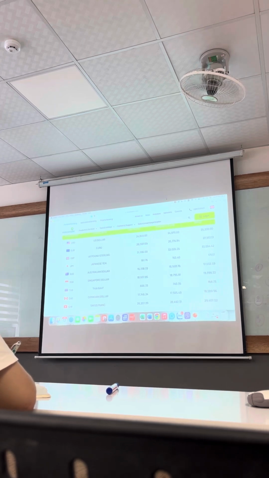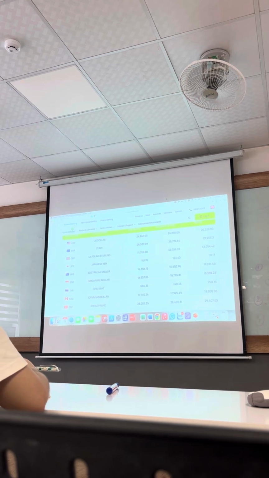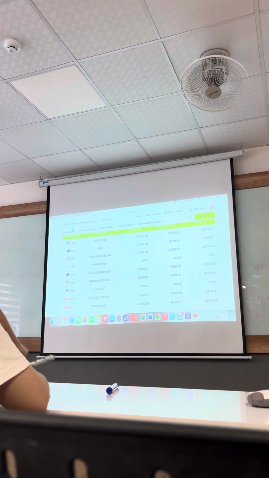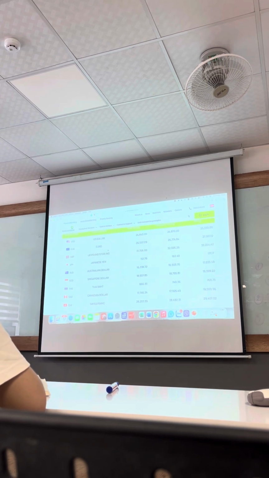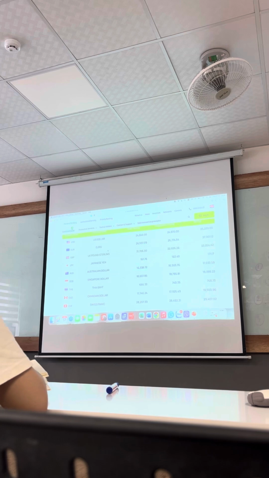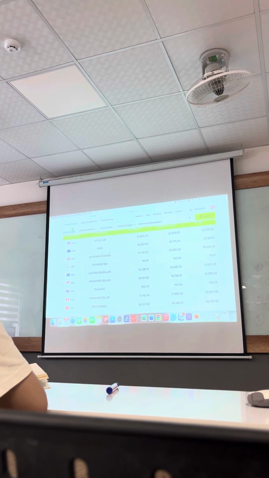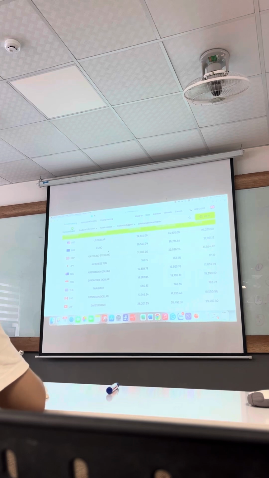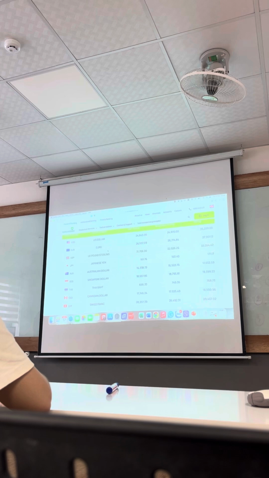For example, the price of one US dollar is 24,840 Vietnamese đồng.